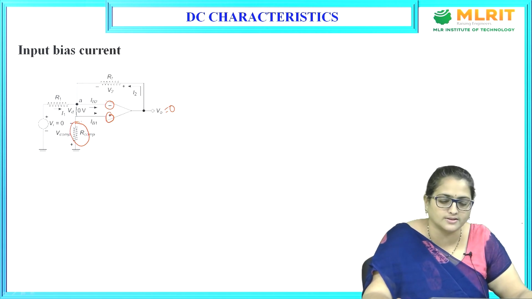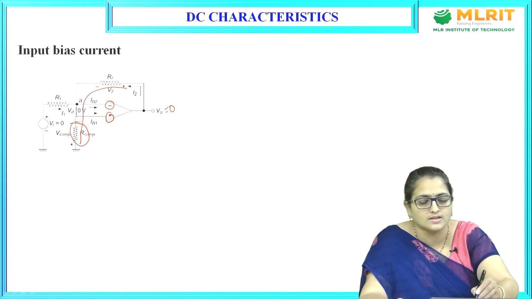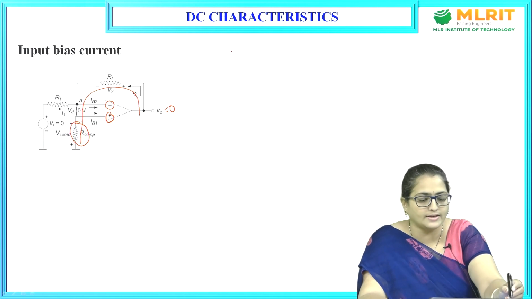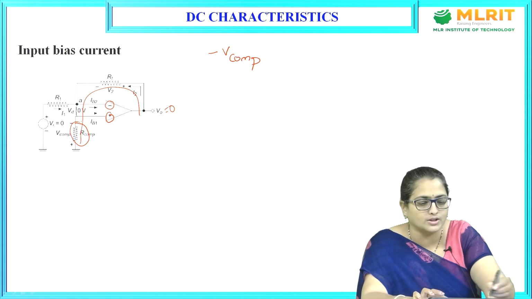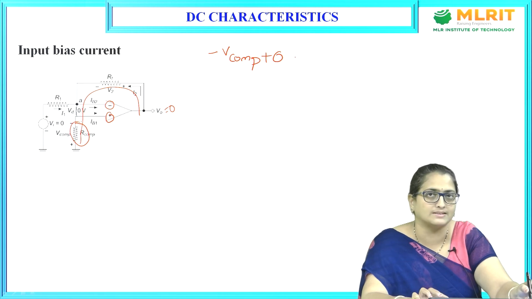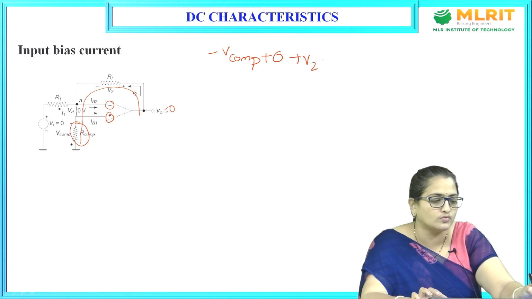That is the question here. So, now I am applying KVL across this loop and writing it as minus V compensator plus the voltage across this is 0. So, V compensator plus 0, and here it is V2 which will be equal to V0.